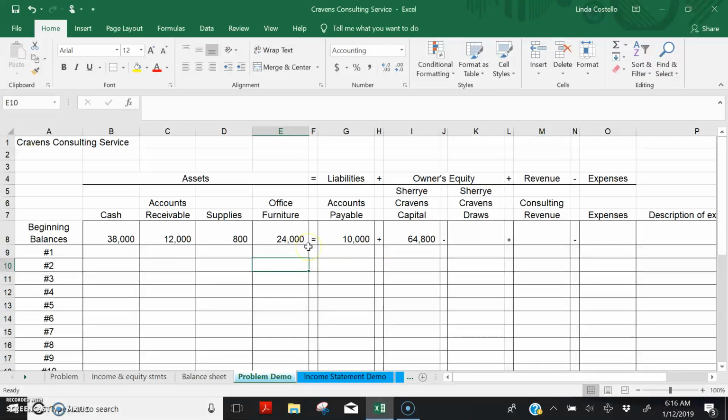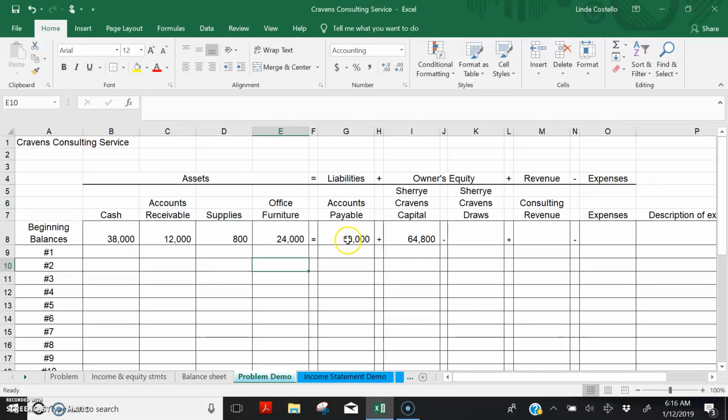We need to make sure that our books are in balance before we begin posting our January transactions. Does assets equal liabilities plus Sherry Craven's capital? Well, let's check it out. Does $38,000 plus $12,000 plus $800 plus $24,000 in assets equal this side of the equation?